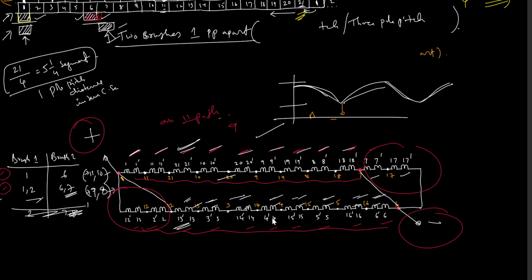So at different instances, as the brush moves over the commutator segments, we have different combinations of positions.